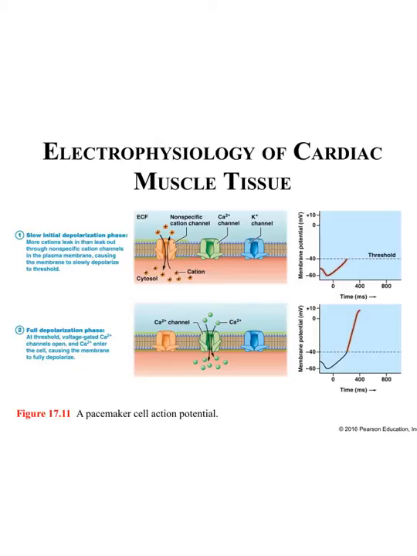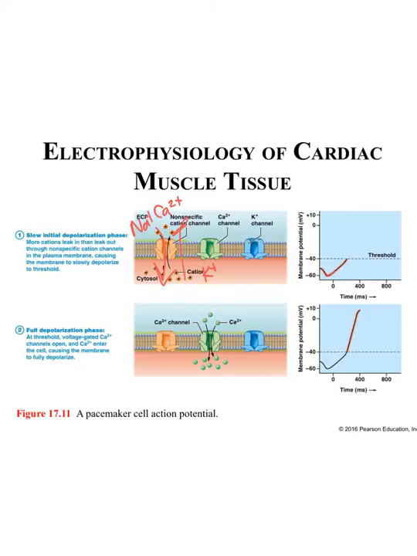Okay, so a big difference that we see here is a very slow depolarization phase. There are no sodium gated channels. You do have these cation channels that cations can move in and out. But basically you have sodium and calcium on the outside and potassium on the inside, so you are bringing in more positive than is exiting.